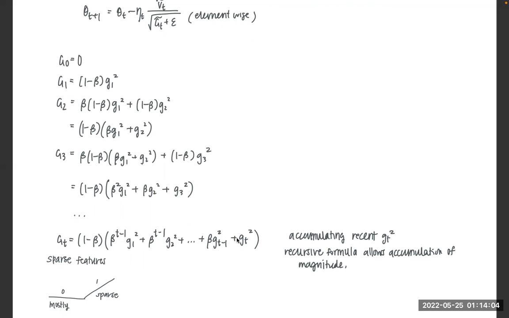Therefore, you are only accumulating G_t squared for the more recent t. So it's a weighted summation of recent G_t squared. And here you also see why you want to divide by 1 minus beta, because when you divide G_t by 1 minus beta, you get the real accumulation.